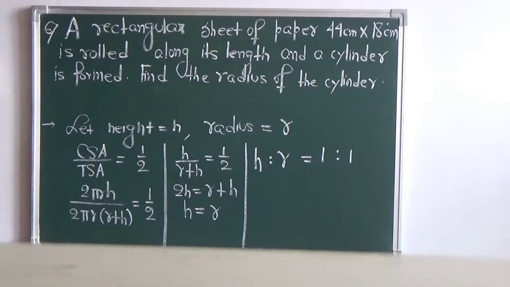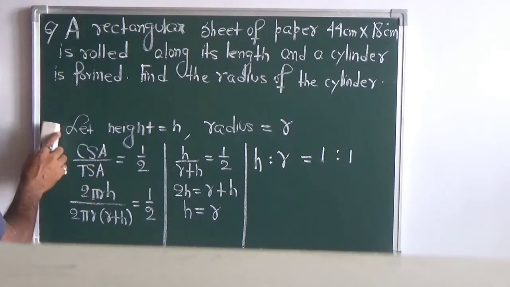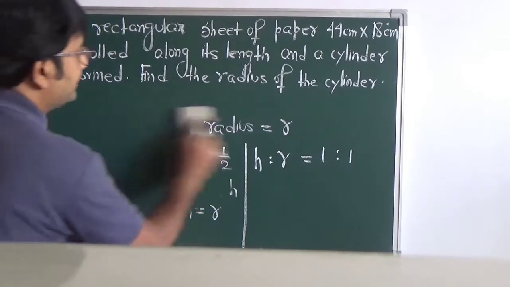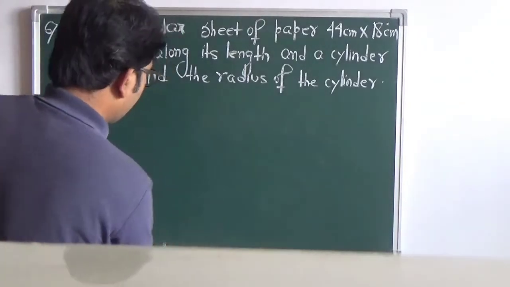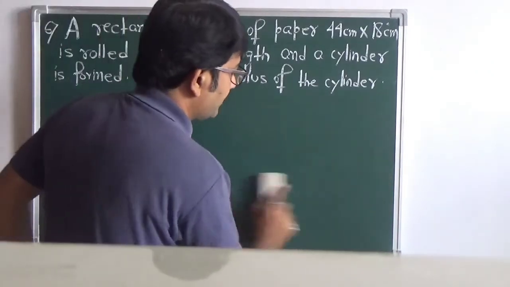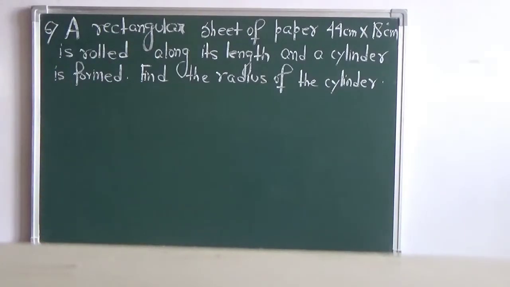So the question is, a rectangular sheet of paper 44 centimeters into 18 centimeters is rolled along the length. So in the beginning, when we started with describing what is the cylinder, we have explained this. So in a similar fashion we will proceed.